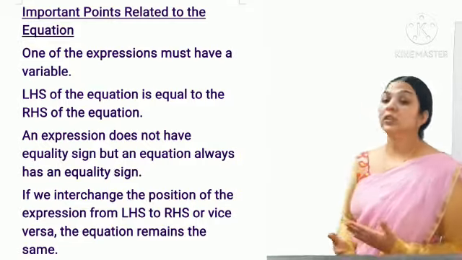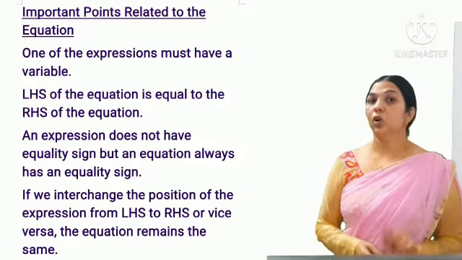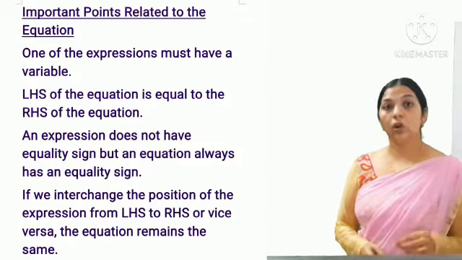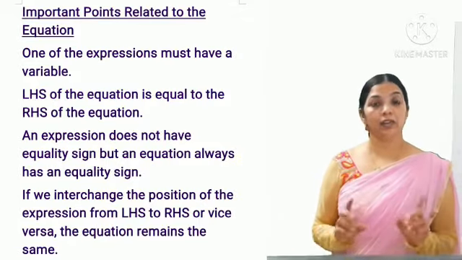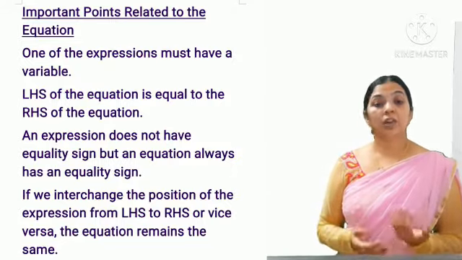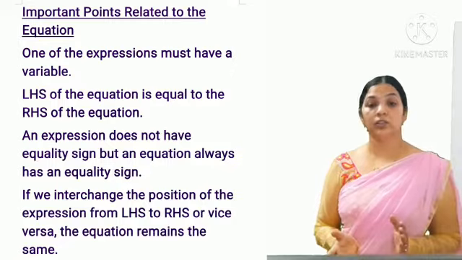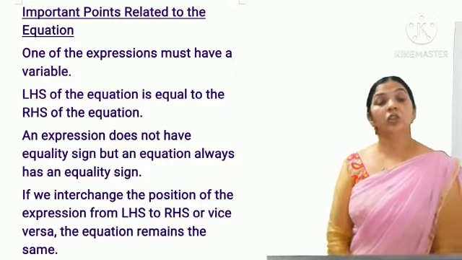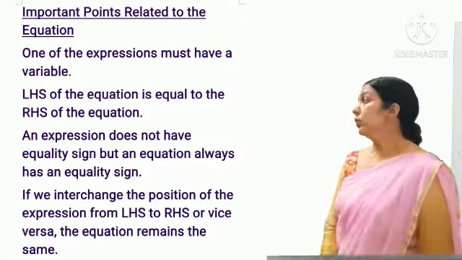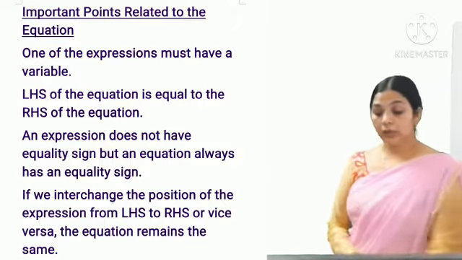An expression does not have an equality sign, but an equation always has an equality sign, or we can say that when an expression has an equality sign, it becomes an equation. If we interchange the position of the expressions from LHS to RHS or vice versa, the equation remains the same. So these are the important points related to equations.